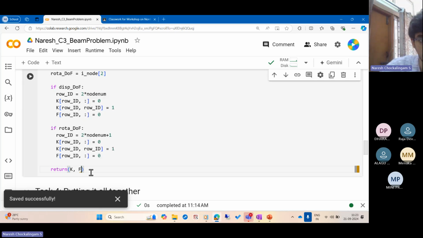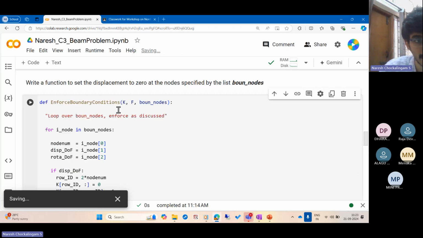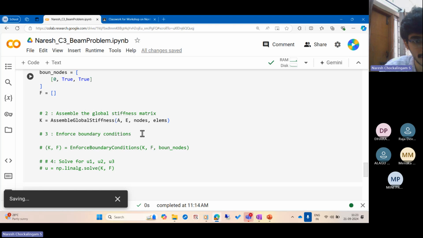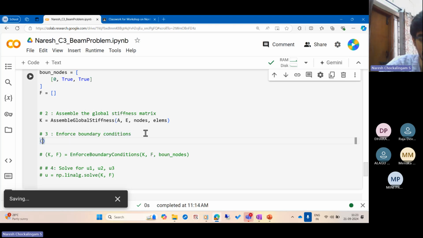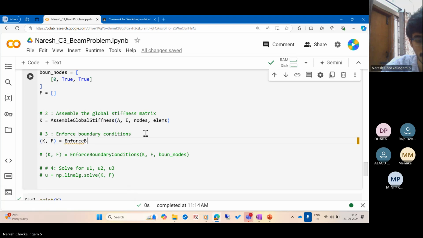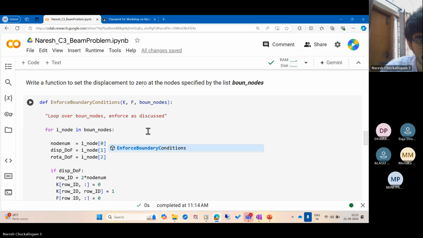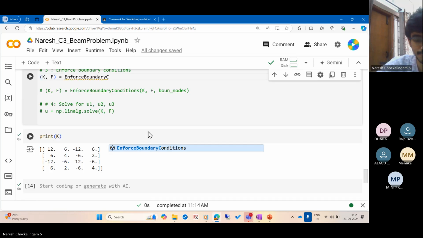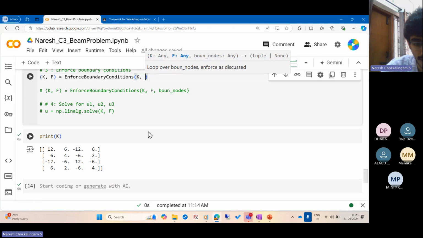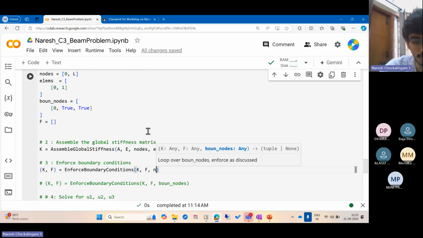Sorry, capital F. Okay, so we have enforced the boundary conditions. So what will it return? Capital K and F is equal to enforce boundary conditions of K, F, and bound nodes.